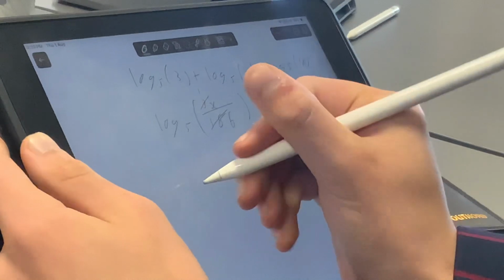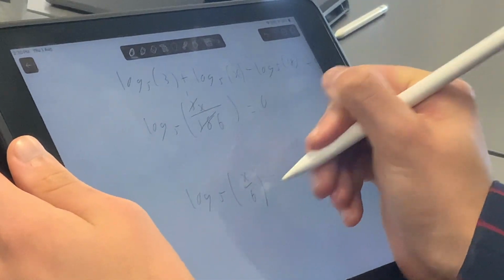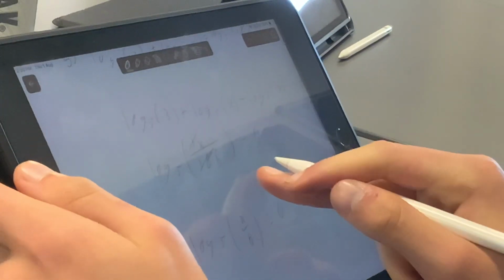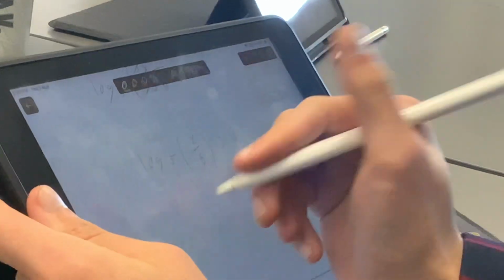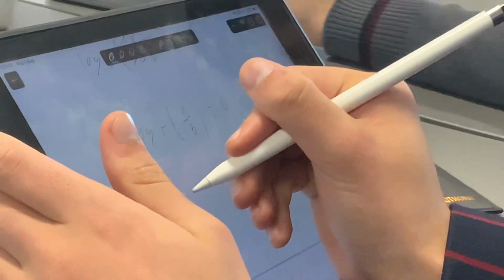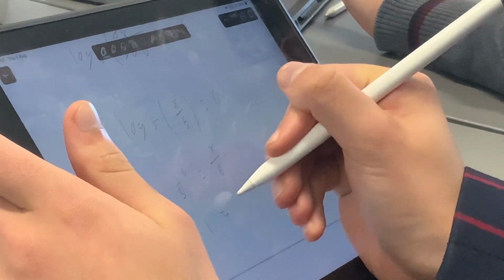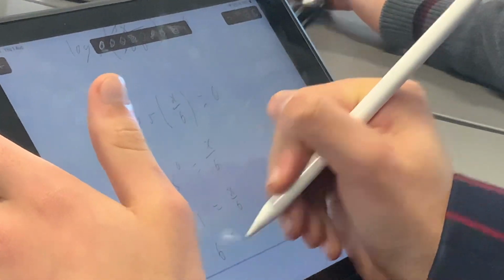We can divide both of these by 3, so that becomes 1 and that becomes 6. So now we have log 5 x over 6 equals 0, and due to what we did just before, 5 to the power of 0 is equal to x over 6, so 1 is equal to x over 6, which means 6 equals x.